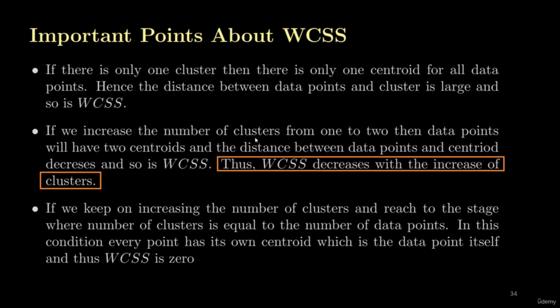If we increase the number of clusters from 1 to 2, then data points will have two centroids. It means we have two groups of data. And now we do not need to calculate the distance of every point with every centroid, because we know in WCSS, we only calculate the distance of sample points with their respective centroid. In that case, the distance will decrease.